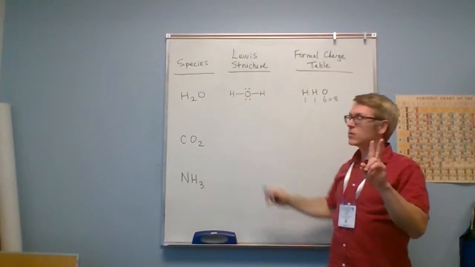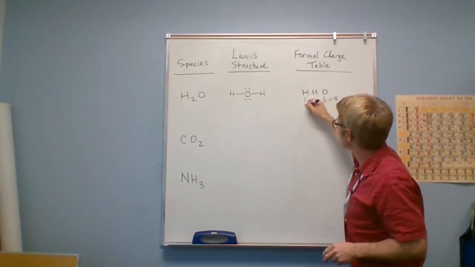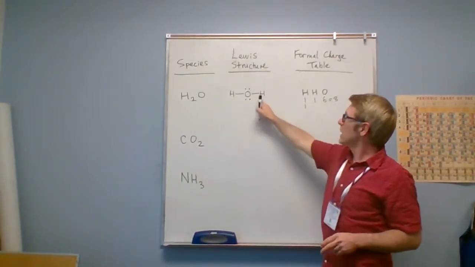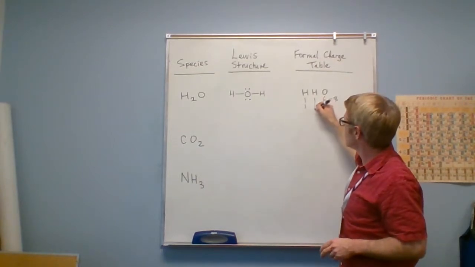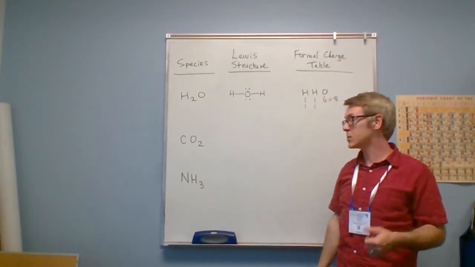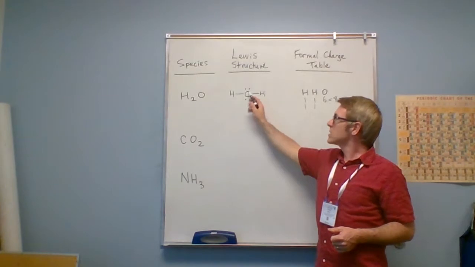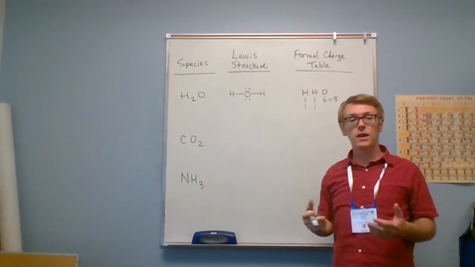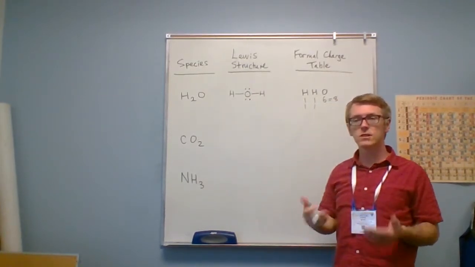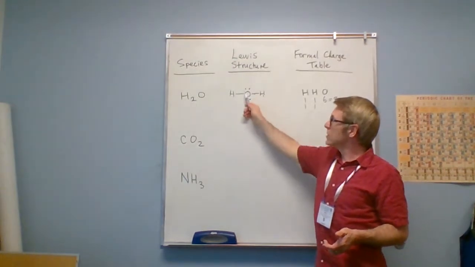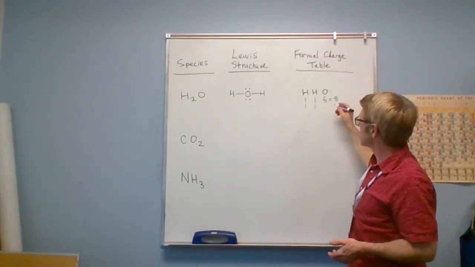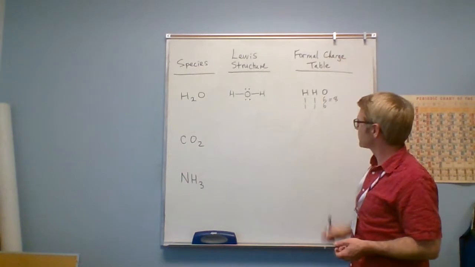So 1 line, 2 electrons, 50% of that is 1. Likewise for this hydrogen here, 1 line, 2 electrons, 50% is 1. Oxygen has 2 lines, that's 4 electrons, 50% of 4 is 2. But you also get to keep all of your dot electrons, so 2 plus 4 is 6.